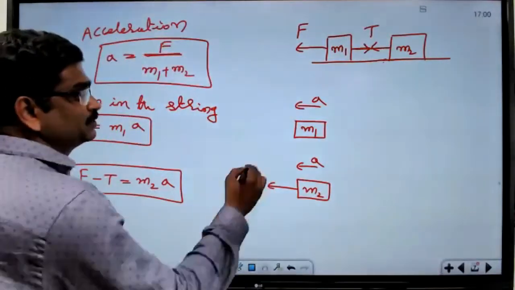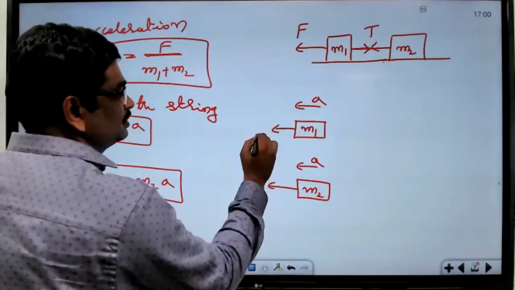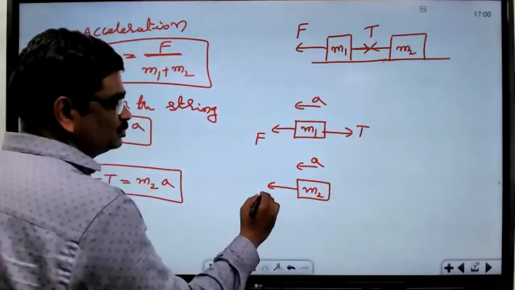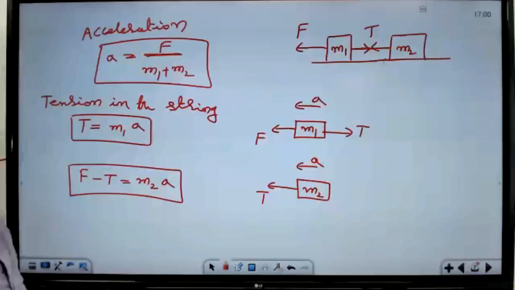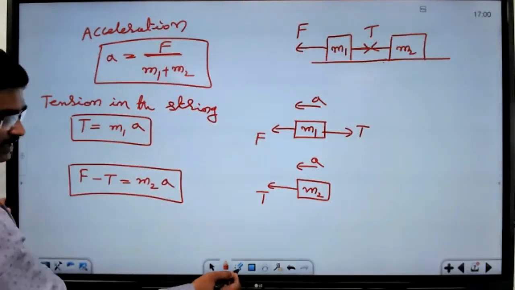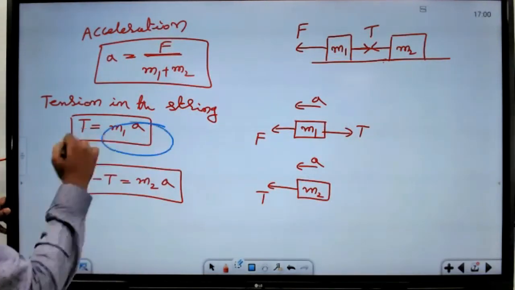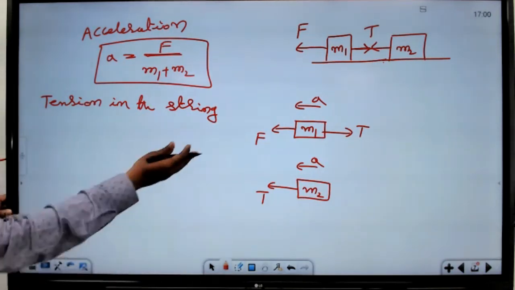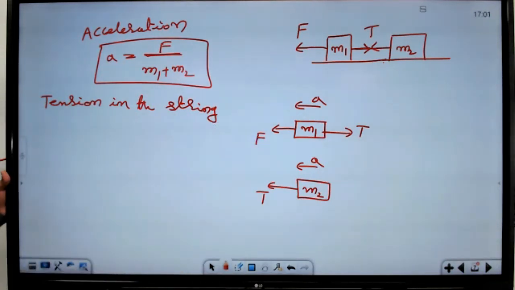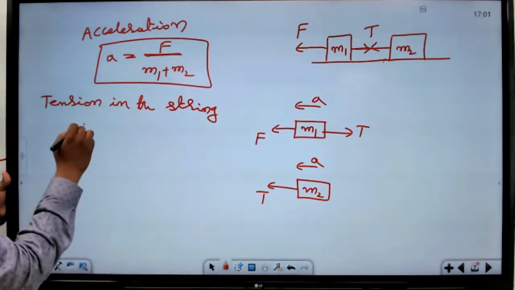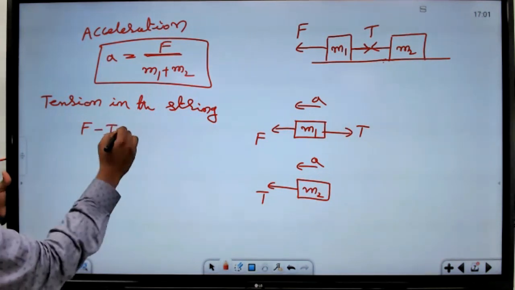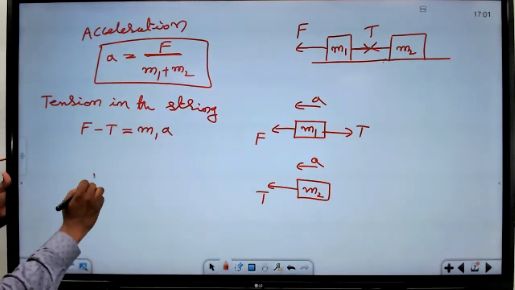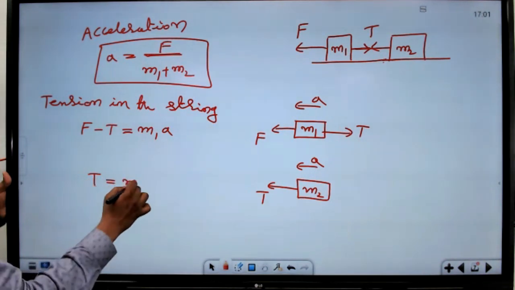Now, what are the forces acting on mass M1? F is the applied force and T is the tensional force. On M2, only tensional force T. Now, write down equation for each and every mass. For mass M1, apply Newton's second law: F minus T equal to M1A. Next, for mass M2, T equal to M2.